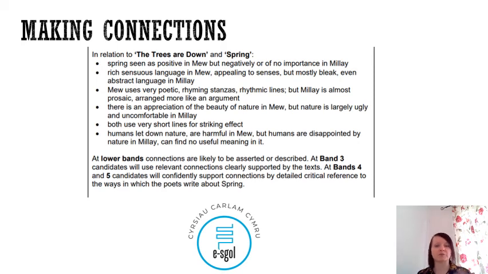The fact that Mew uses quite poetic rhyming stanzas, but Millay almost argues her way through her poem. There's a real appreciation of the beauty of nature in Mew's, and then nature is viewed as quite ugly in Millay, where she uses, for example, the maggot imagery, okay?